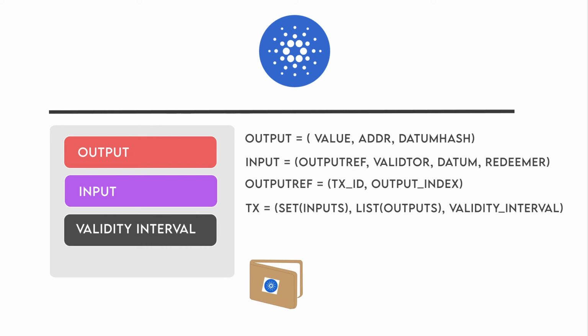Instead, the output consists of a value, address, and a datum hash, which is just a hash of our datum object. And now the input will include a reference to the output we are trying to consume, the validator function, the datum object itself, and the redeemer.